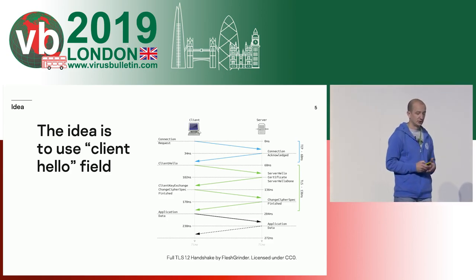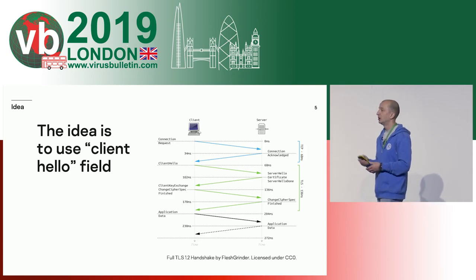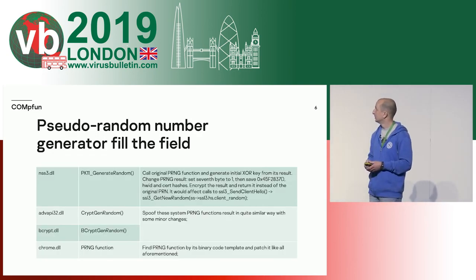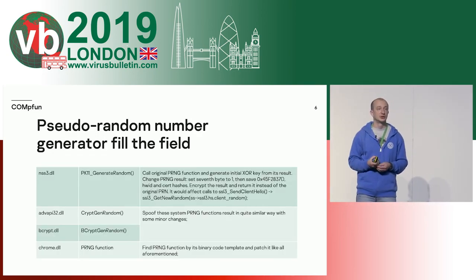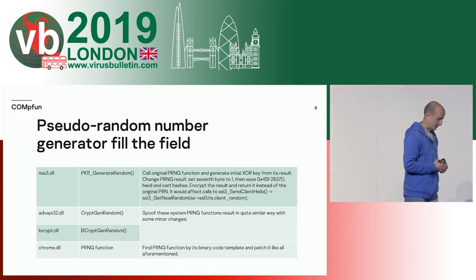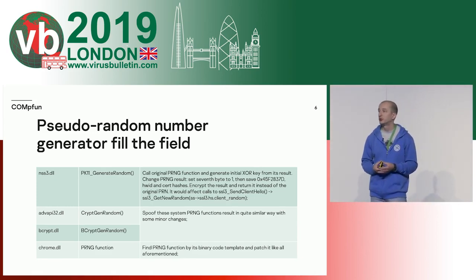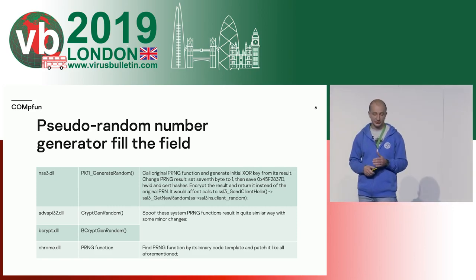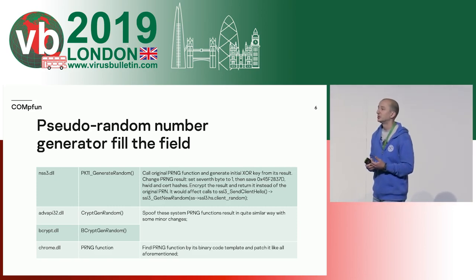And what did they do? Which function is in charge of filling this field? It's a PRNG function, a pseudo-random number generator on the system. Not so many of them. In the case of Firefox, Firefox would use an NSS library and some function with the name PK11_GenerateRandom.